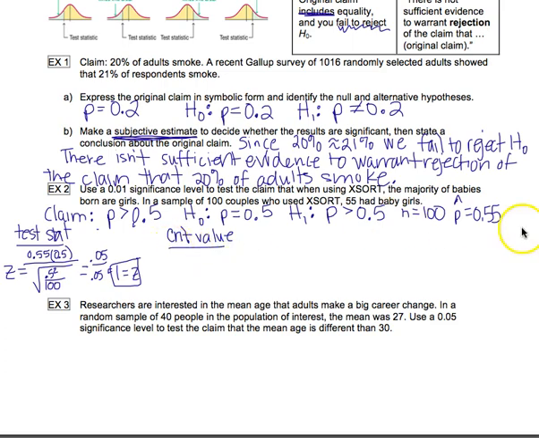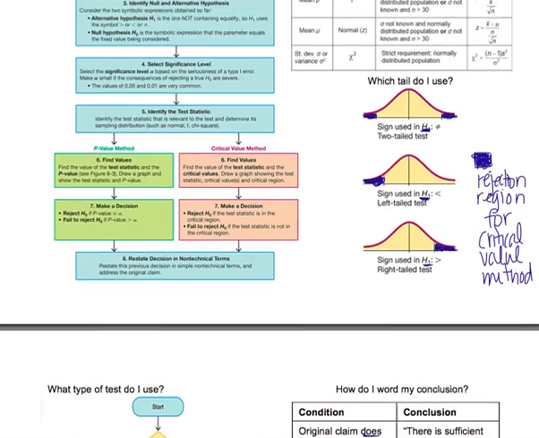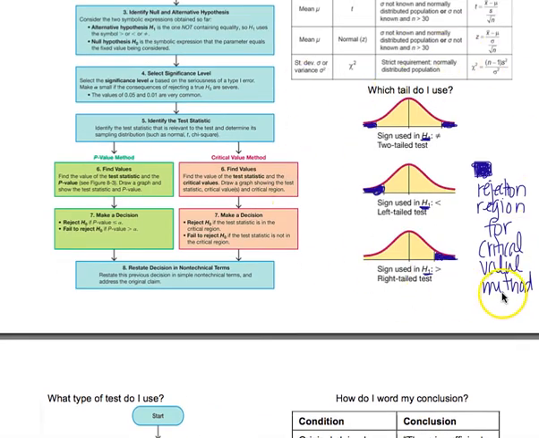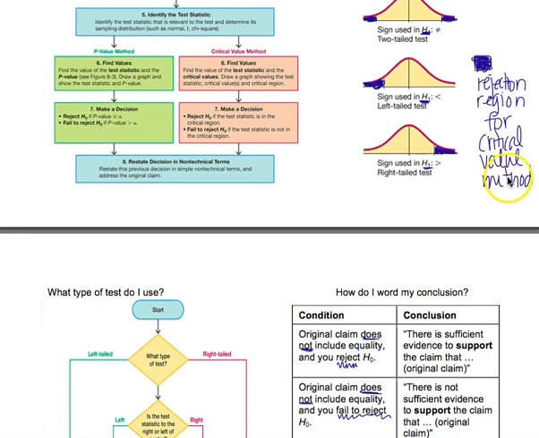If I am using the critical value method, then the first thing I need to look at is what type of tail I need to use. So down here, I look at my alternative hypothesis, and it was p is greater than 0.5, which means this is a right-tailed test. And so what I am trying to find is the area that has my significance level to the right.